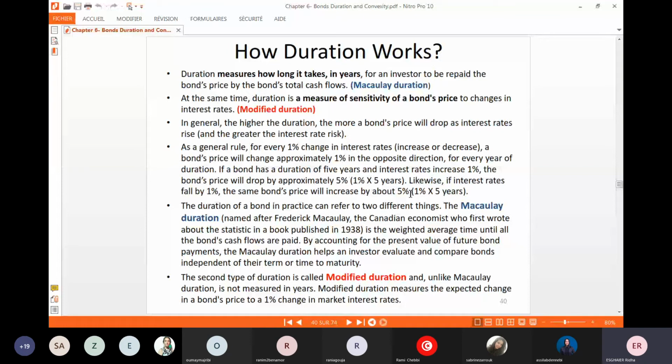ايش معناها؟ معناتها approximately it's not very accurate. It's just an approximation.